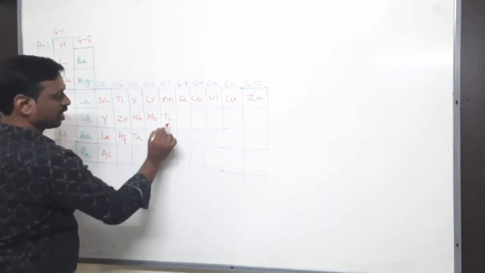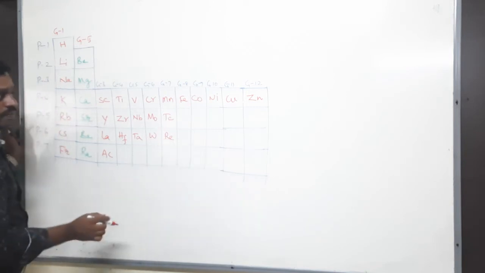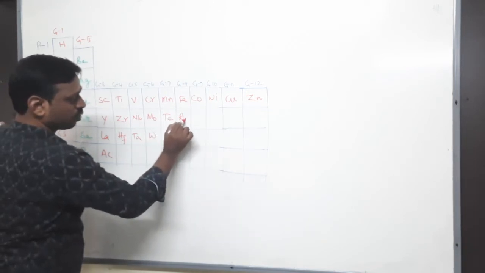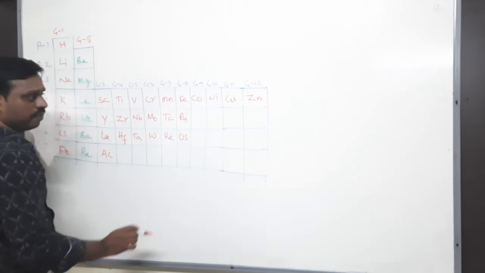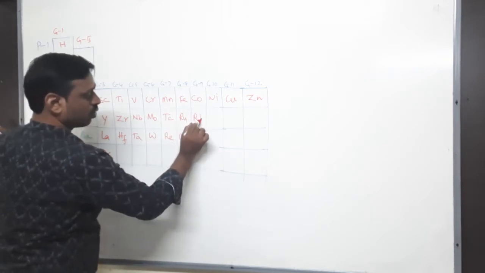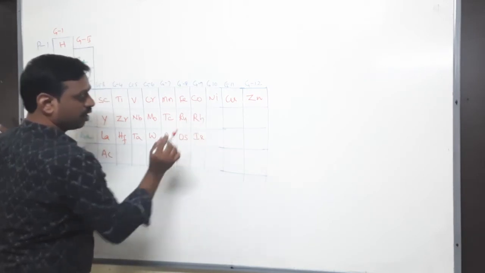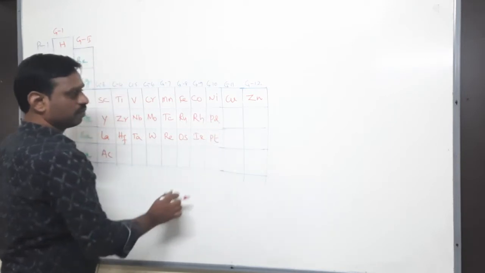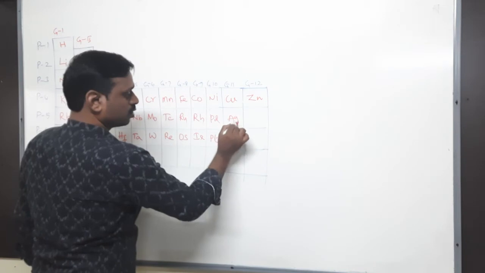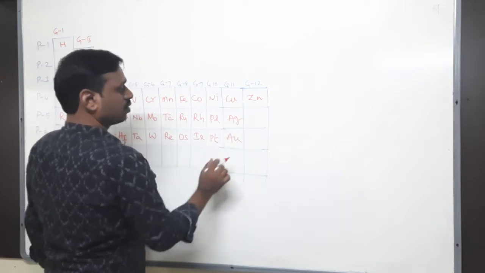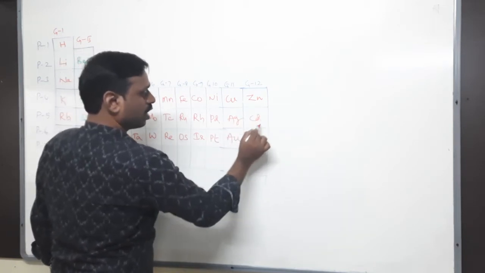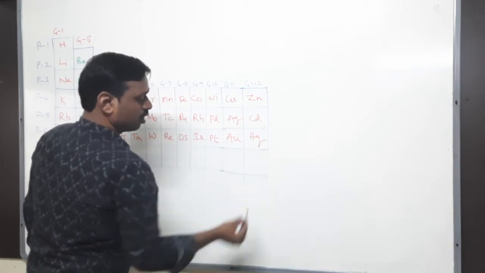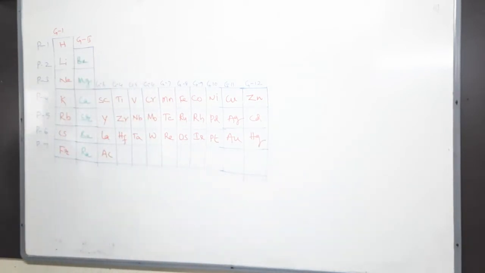Manganese, technetium, rhenium. Iron, ruthenium, osmium. Cobalt, rhodium, iridium. Nickel, palladium, platinum. Copper, silver, gold. Zinc, cadmium, mercury. So you must remember all the elements only group wise. So these are all D block.